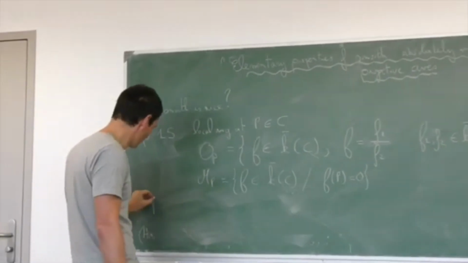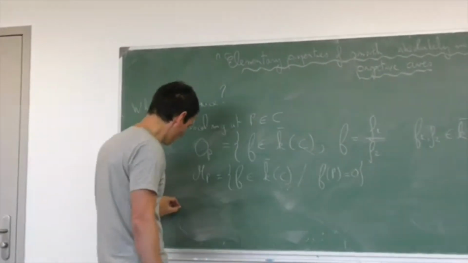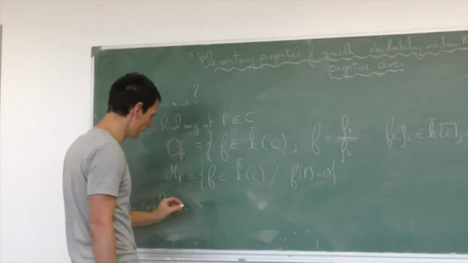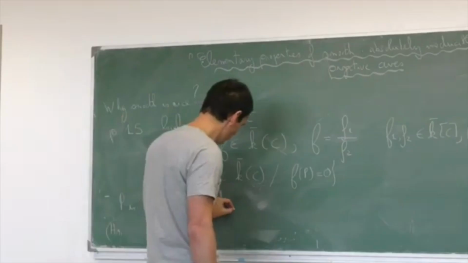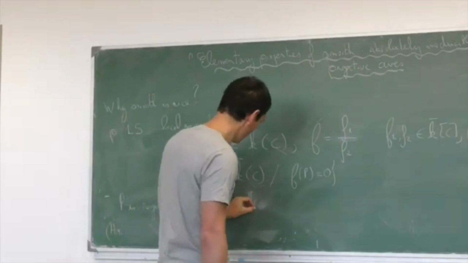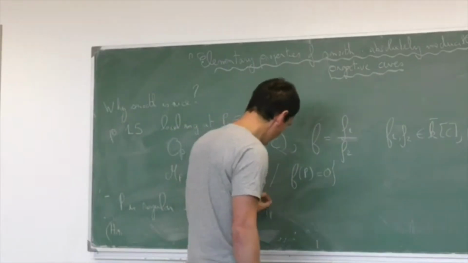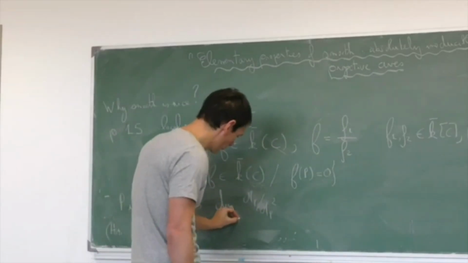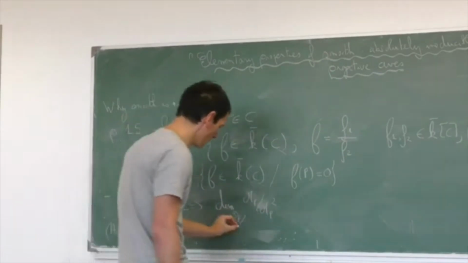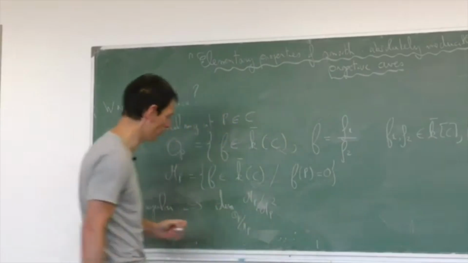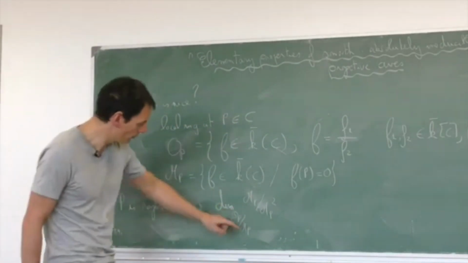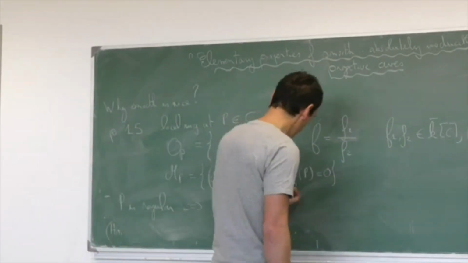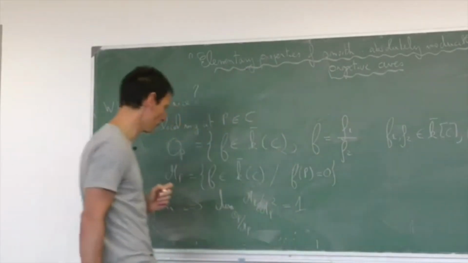And P is regular if and only if the dimension of M_P over M_P squared, as a vector space over the residue field O_P over M_P, is 1. Okay?